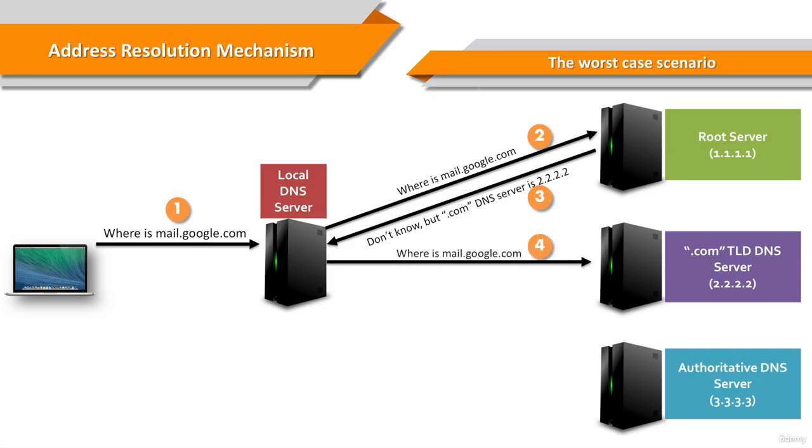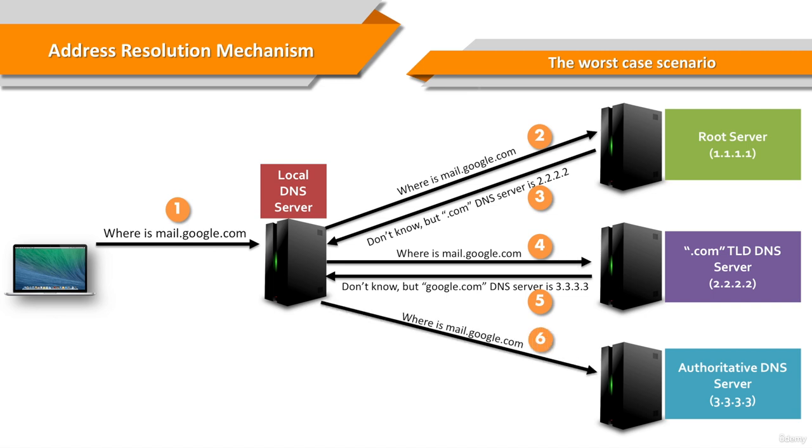Each TLD DNS name server stores the address information for second-level domains within the top-level domain, .com in our example. The second-level domain is google.com. When your query reaches the TLD server, the TLD server answers with the IP address of the domain's name server, which will provide the next piece of the puzzle.